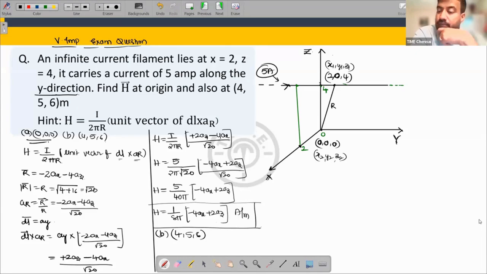Bhumika, any doubt? Tanushree? Okay. Now find h at 4 comma 5 comma 6 and post your answer.